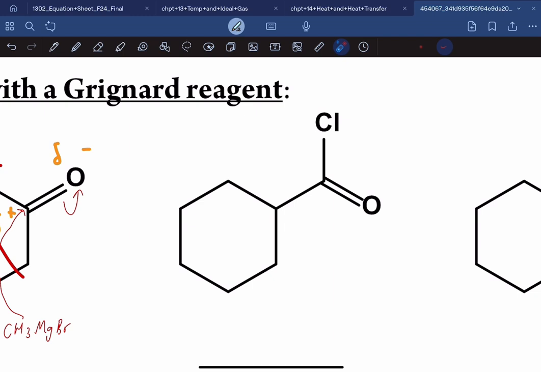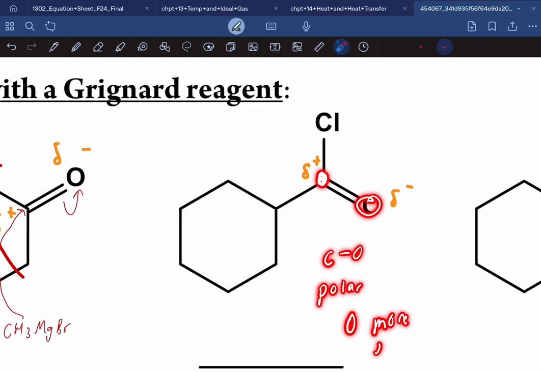Okay, and then same thing here. You see the Grignard can attack this partial charge here, right? So this is partially positive, partially negative, and this is due to the electronegativity difference of carbon and oxygen. So the CO bond is polar, O more electronegative. So that means that it'll have the minus, partial plus, if you're confused about that.